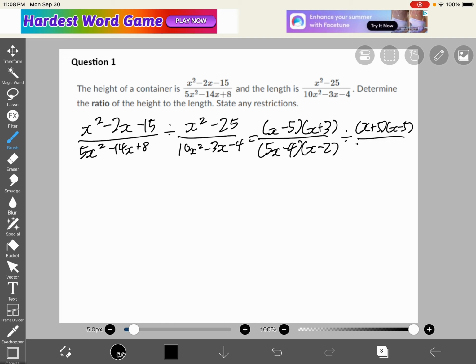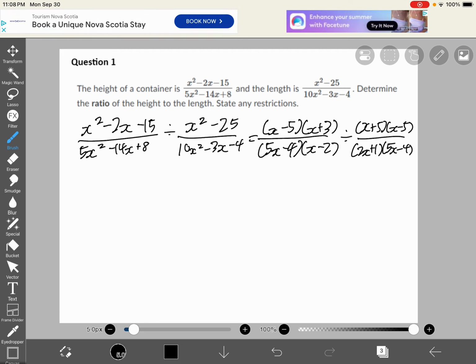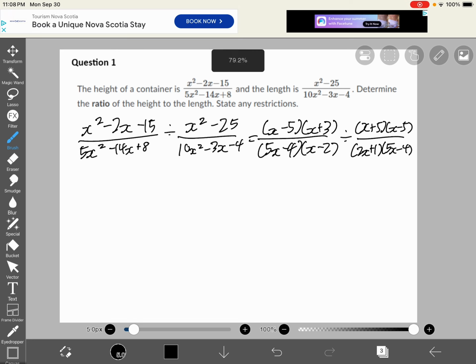And then 2x plus 1 and 5x minus 4, because 2x times 5x is 10x squared, minus 8x plus 5x equals minus 3x, and then plus 1 times minus 4 equals negative 4. And then since we have a division here, we can invert the denominator and numerator to become multiplication, which will ultimately become like this.